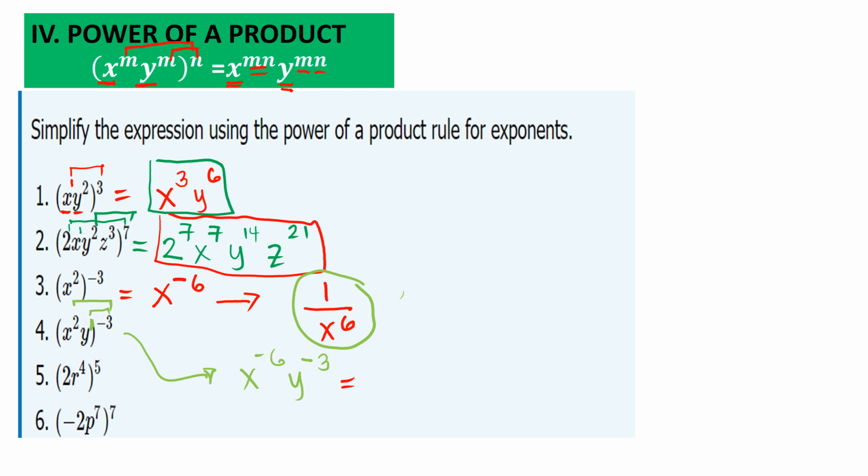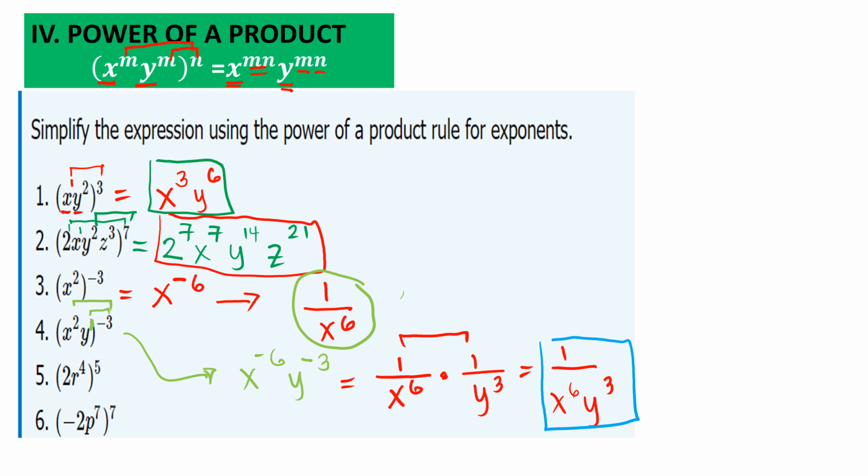The x to the negative 6 should be expressed in its positive equivalent. So this time the x will be copied and the negative 6 becomes positive 6. And the y to the negative 3 is 1 over y to positive 3. And now apply the law of multiplication of fractions. This will be 1 times 1 is 1. And the x to the 6 will be copied, and then the y to the 3. So therefore, this is the final answer.